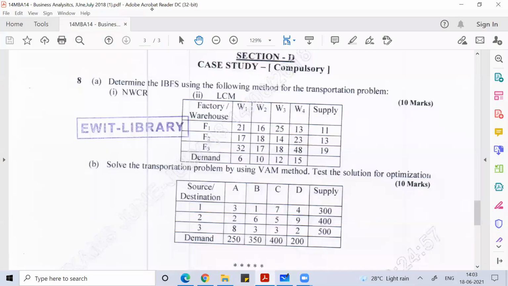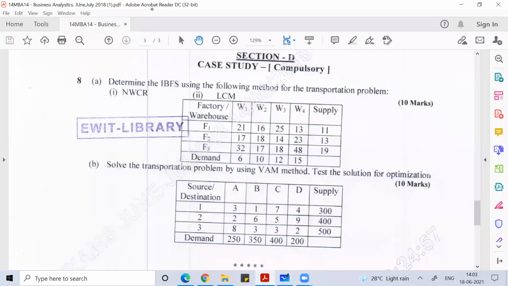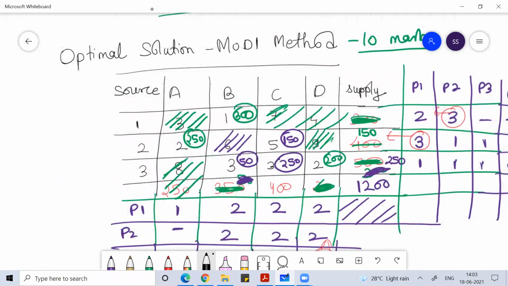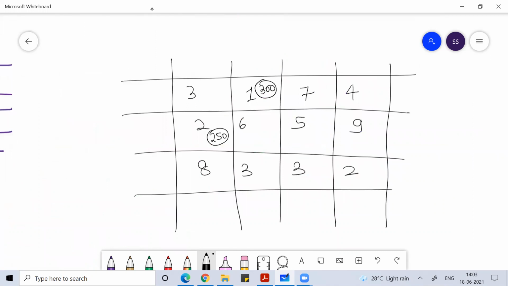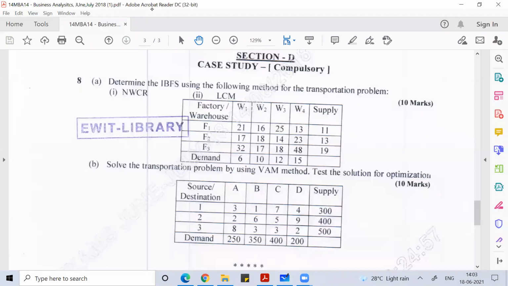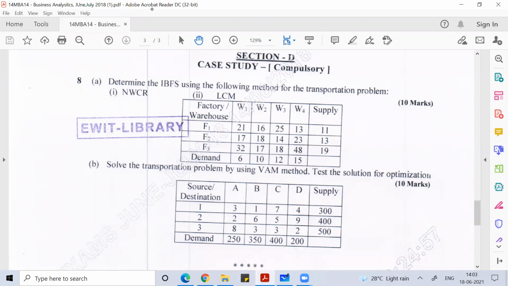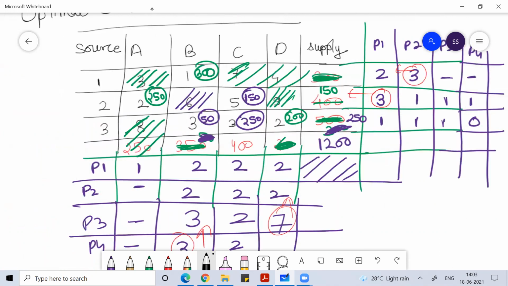Second row, 250 and 5 150, so the second row sum is 400. Done. Third row, the sum is 50, 250.